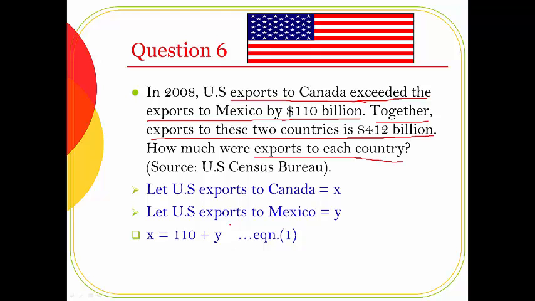If they made 10 exports to Mexico, then they made 120 exports to Canada. Second keyword, together means sum: exports to these two countries is 412 billion. So that is why you have it in equation 2.